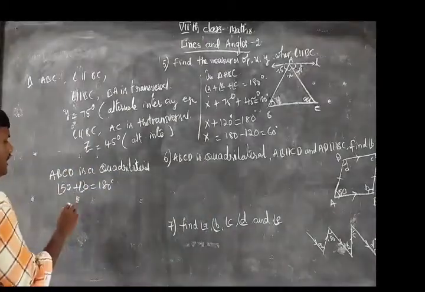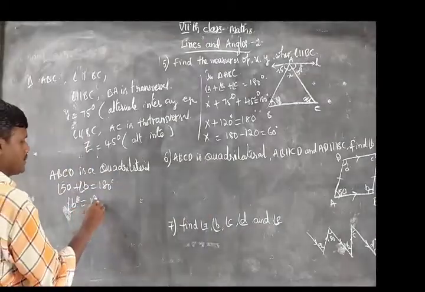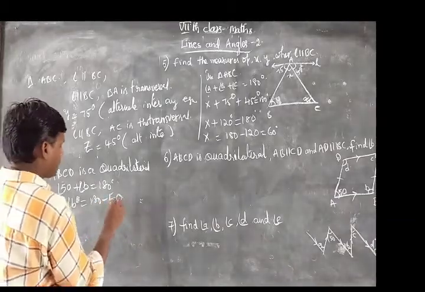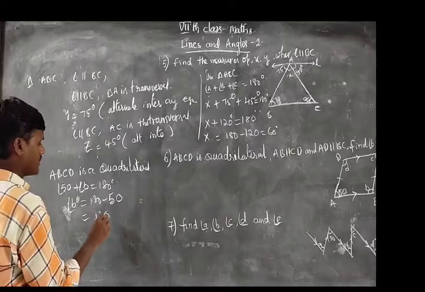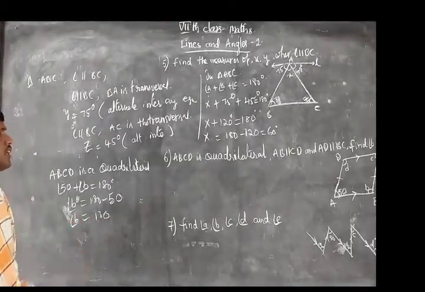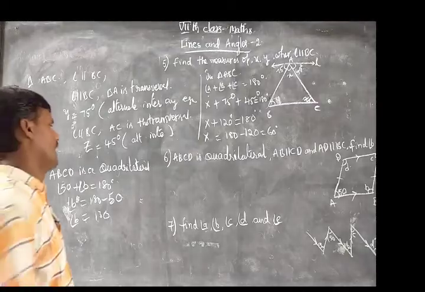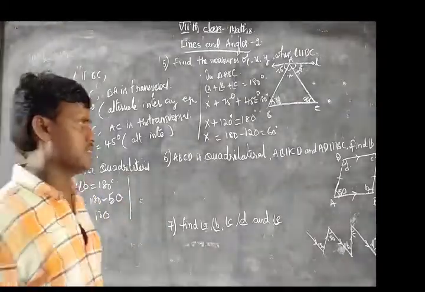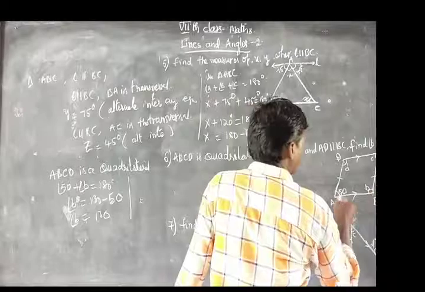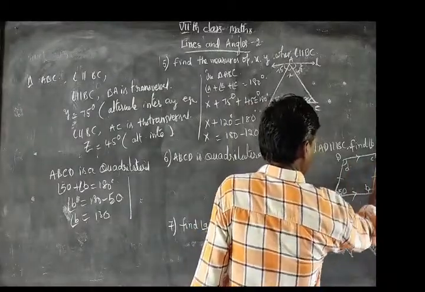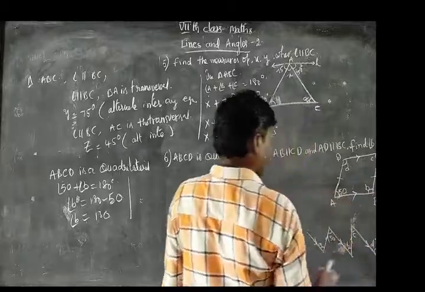So angle A plus angle B equal to 180. When you take angle B as subject, angle B equals 180 minus 50, that is 130 degrees. We will take angle B equal to 130 degrees. And if it is 130, these two are parallel, and this is the transversal.